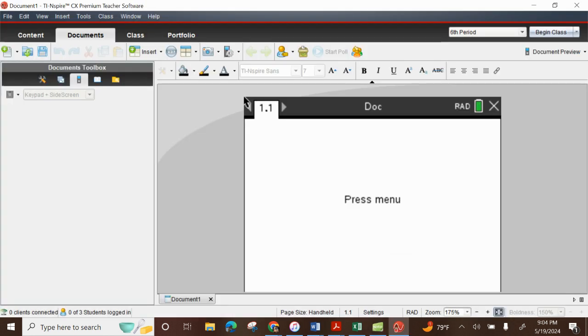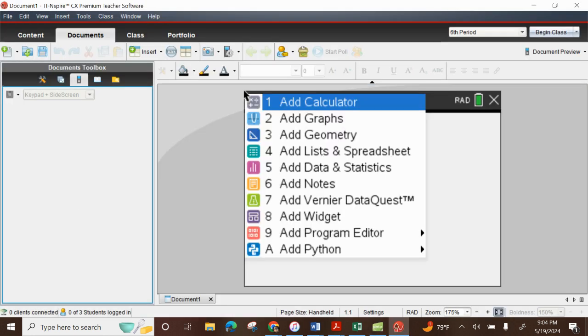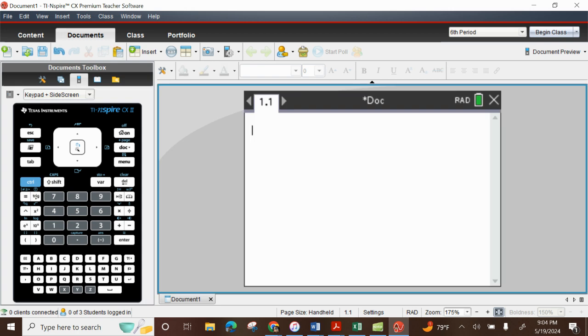So once the Inspire opens, if you don't use the Inspire, you can use an 84. It's all the same. What you need to make sure of is that you are in degree mode. And you can see right here that you can toggle that on the Inspire. Now, other calculators, you have to go to the menu and mess with settings. On the Inspire, you just turn it into degree. So let's go back and forth.